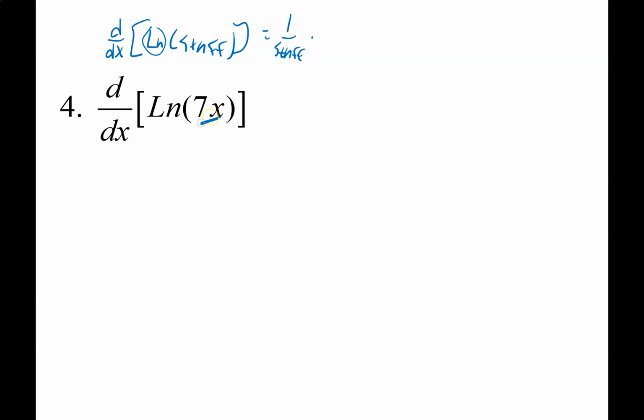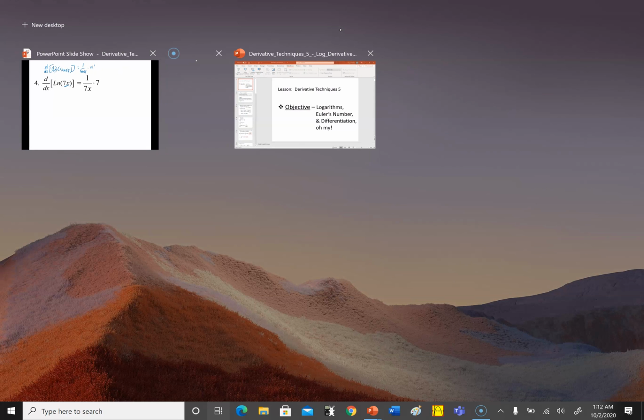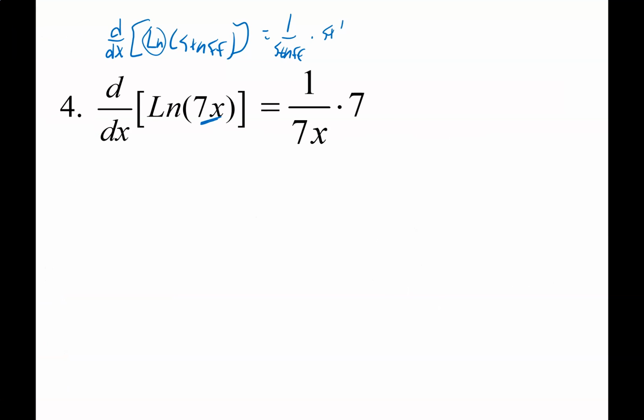And then you do your chain rule factor, your stuff prime. So that's going to give me 1 over the 7x. And then your chain rule factor times the derivative of 7x, which is 7, which gives you 7 over 7x, which reduces to 1 over x.